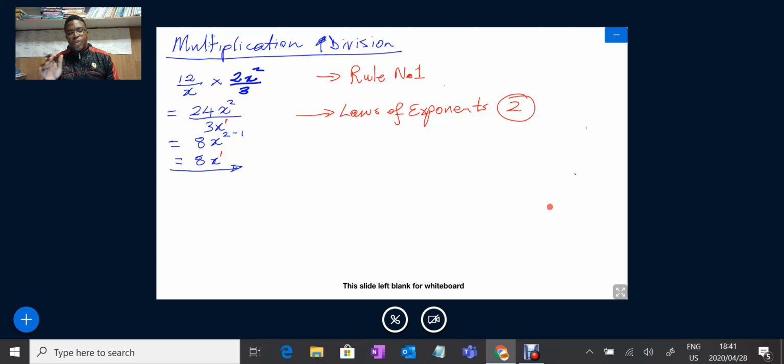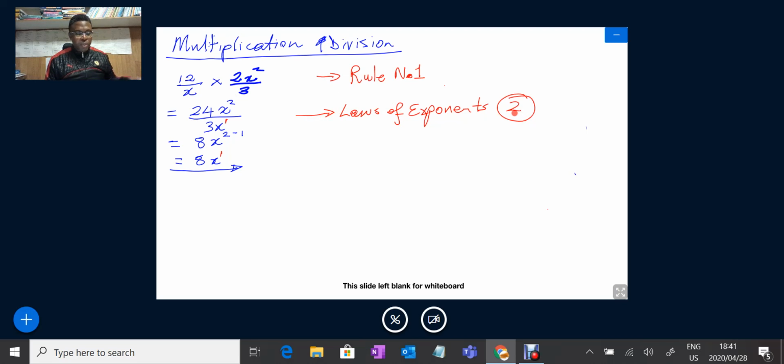You must just make sure. If you miss that part, surely you can't get lucky. You'll just do a wrong thing. Make sure that you are able to see. In this instance, we have seen that there was rule 1, which we just discussed, and there were laws of exponents.